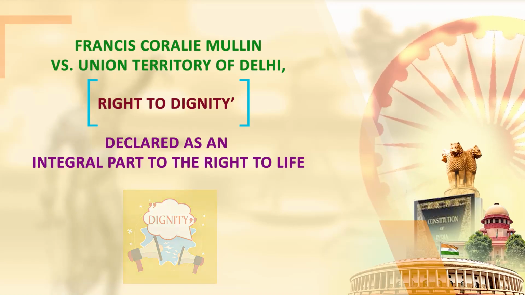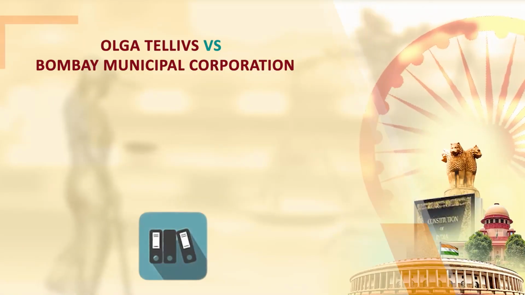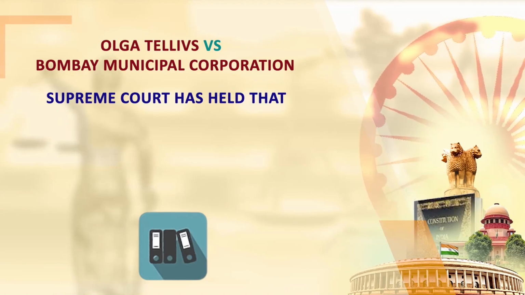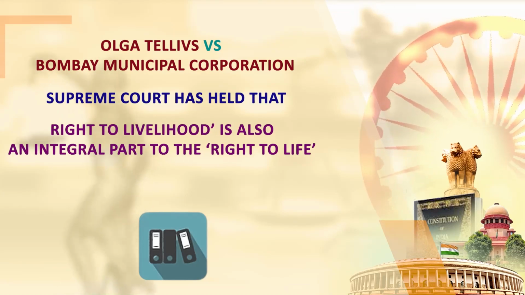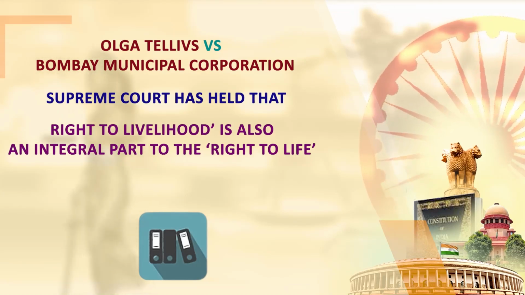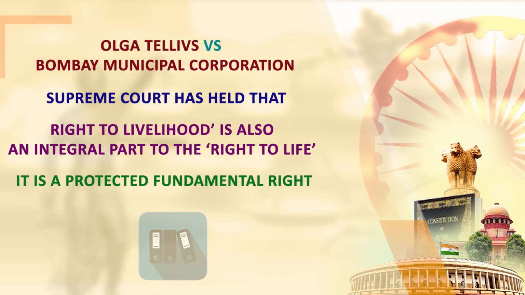So the right to life includes the right to live with human dignity and all that goes with it. Secondly, in Olga Tellis versus Bombay Municipal Corporation, the Supreme Court said that the right to livelihood is also an integral part of the right to life, and it is a protected fundamental right.